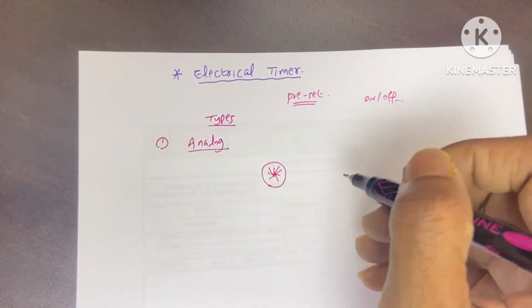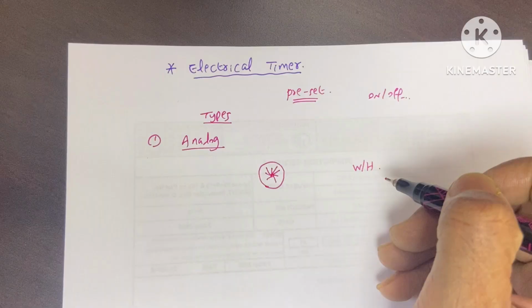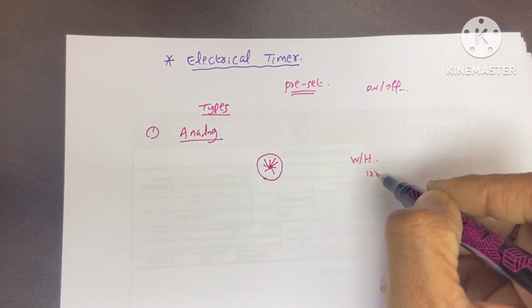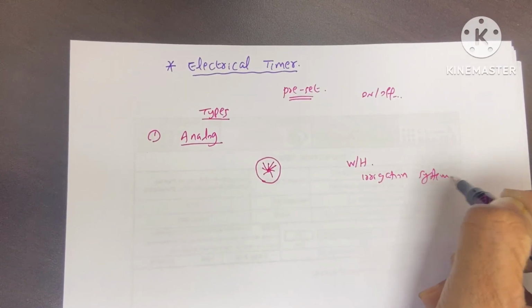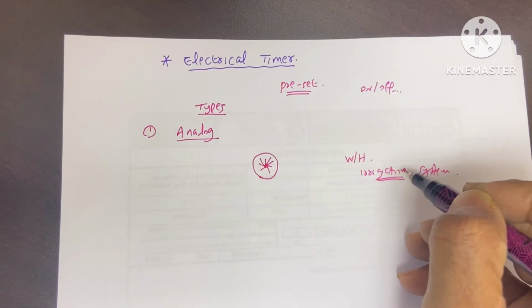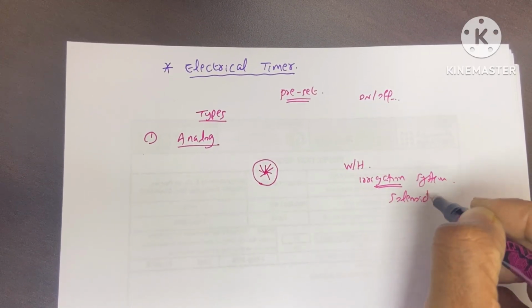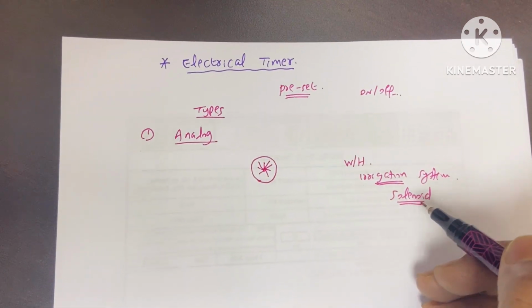We can use this in water heaters and lights, and we could see it in the irrigation system control panel also. You know the irrigation system. According to the time interval, we can switch the solenoid valve of the irrigation system on or off. For that we could use this analog timer.